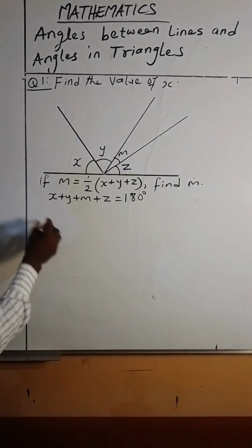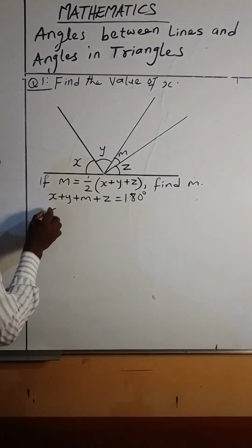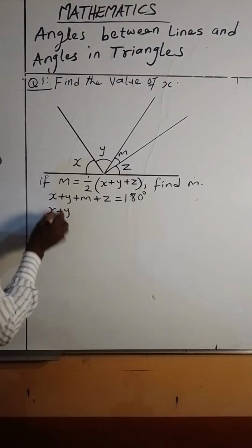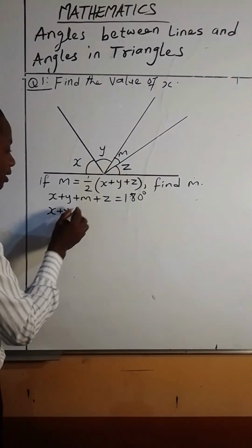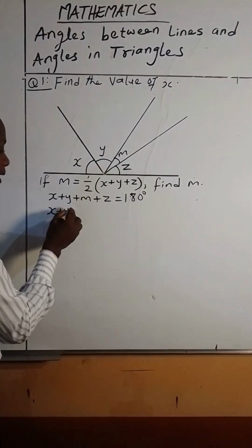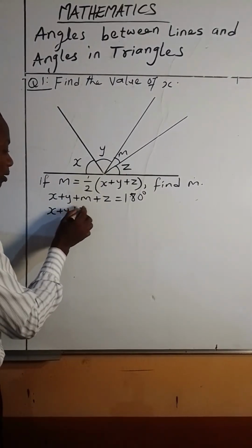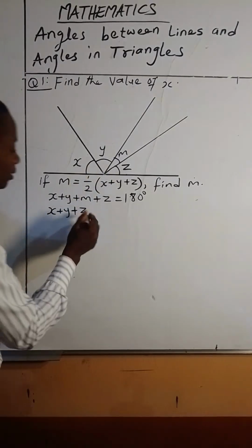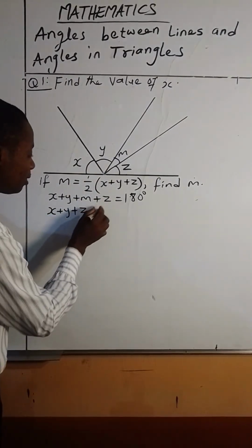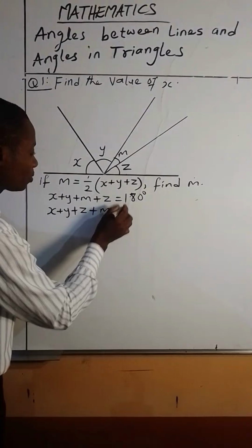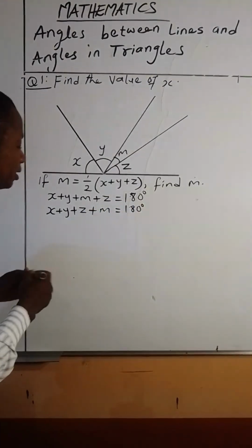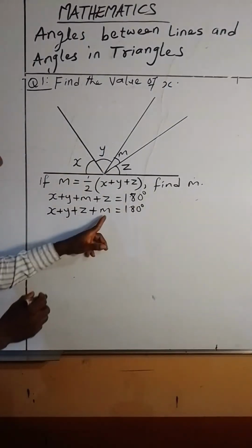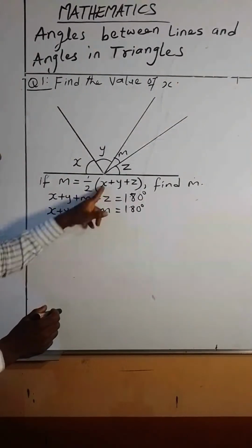But no problem, we can still do it the other way around. x plus y, then plus z. But instead of putting plus, we can just put our plus z here, so that our m will now be equal to 180 degrees.